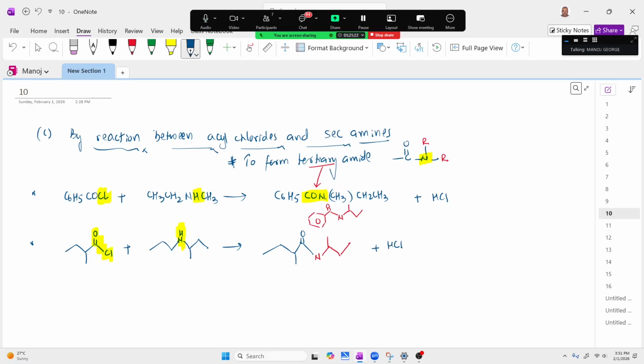Something is not right. Is there something missing in the structure? Guys, there's something missing in the structure. Hold on. It's supposed to be C double bond O and then there is an N. Okay, so this is fine.